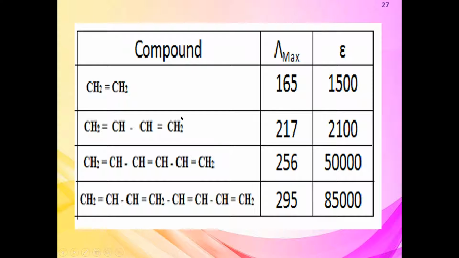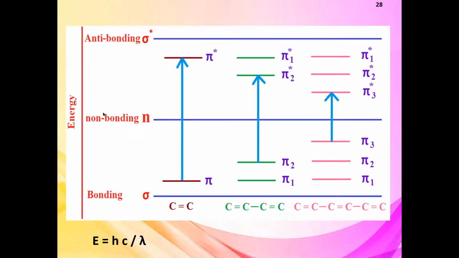To reason this observation, we can see this figure. All these molecules will undergo pi to pi star transition, but as the number of conjugated double bonds, the alternate single and double bonds, increases in a molecule, the gap between the pi bonding orbital and the pi star antibonding molecular orbital will go on decreasing.